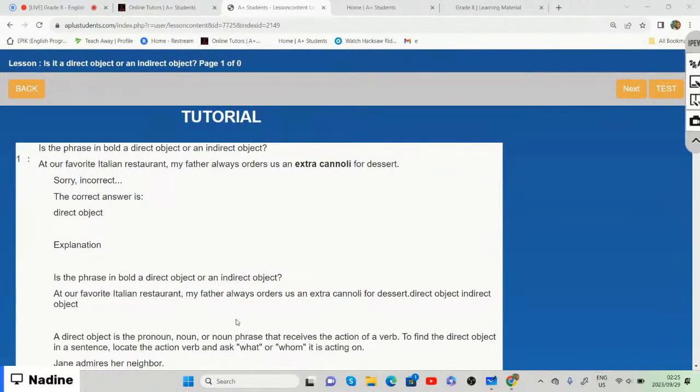Extra cannoli. We need to say if this is a direct or indirect object. Is it a direct or indirect object?